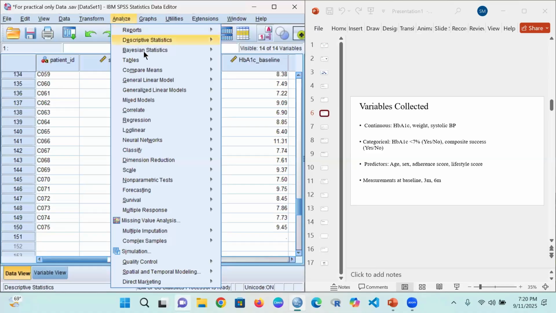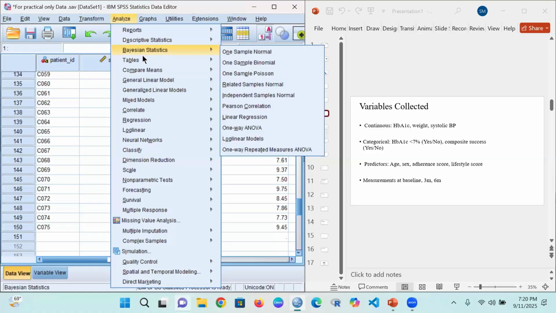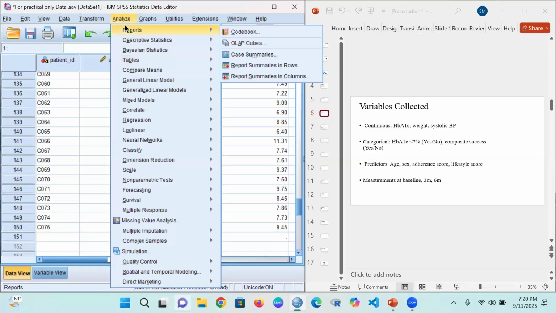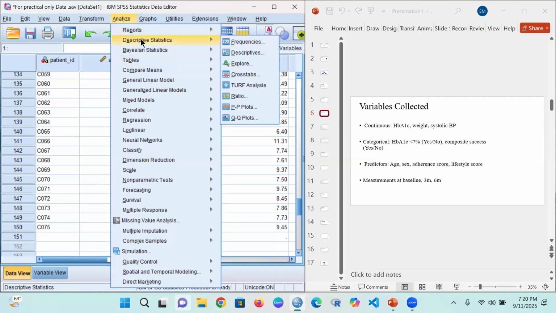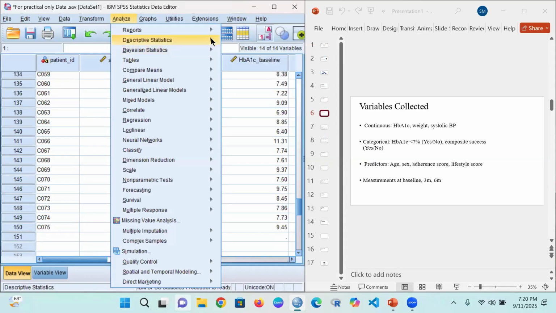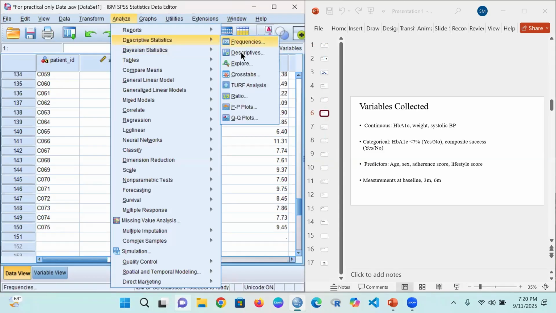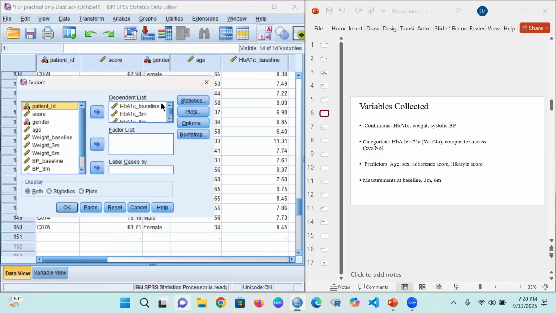First of all, you come to Analyze. You want to check for the normality of the data, so you come to Descriptive Statistics and then Explore.